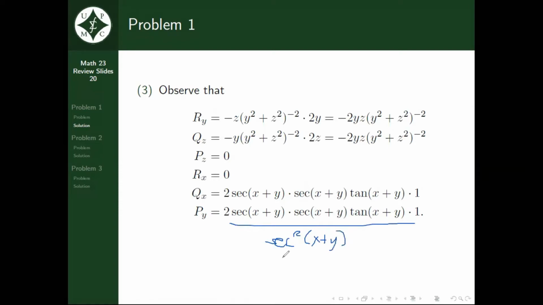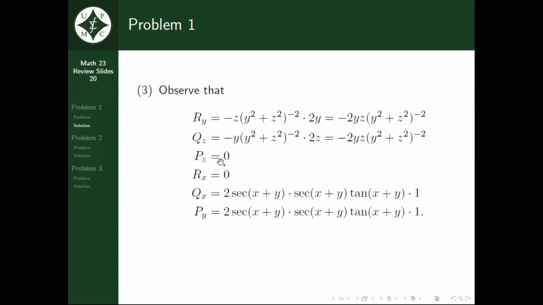So you may think of that as secant of x plus y, which you will then square. Then just apply the chain rule, recalling the fact that the derivative of secant of anything is secant of that thing times tangent of that thing. That's a reminder about the derivative of secant.